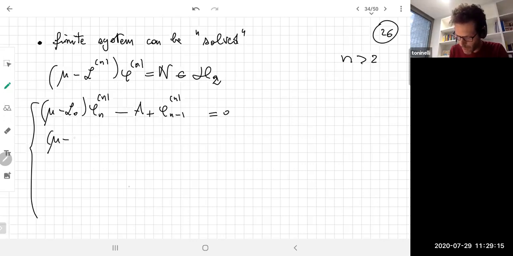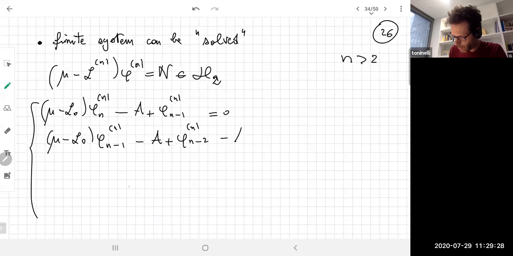Then you go to the next one, and what you get is mu minus L0 phi n minus 1 minus a plus phi n minus 2, which is in the n minus 1th chaos and first chaos. And now there is another term, which is a minus phi n, and that's it, equals 0. Because this time phi n, when you apply a minus, is in the chaos n minus 1.